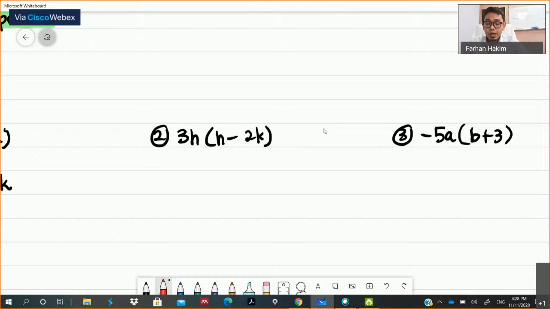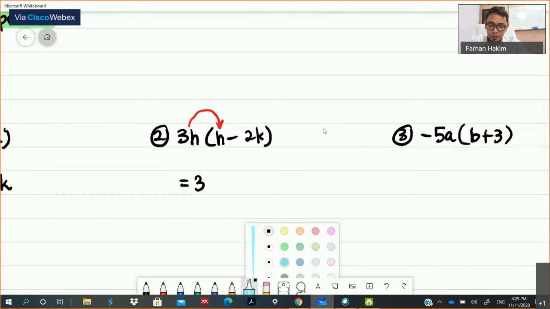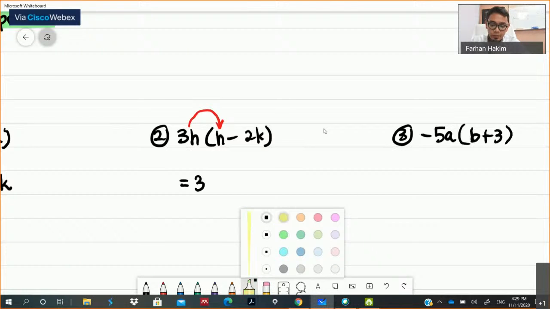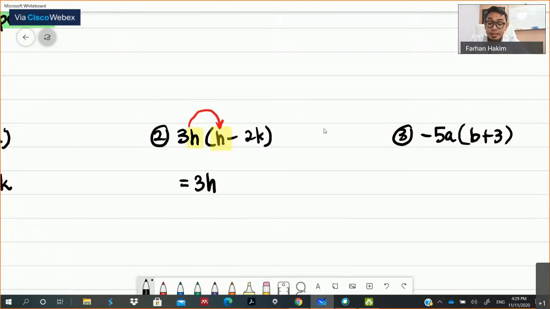What if we have 3h outside and h minus 2k inside the bracket? So you bring this 3h and multiply by h. We will have 3, h multiplied by h, which is h squared. And don't forget that this 3h must also be multiplied by 2k.